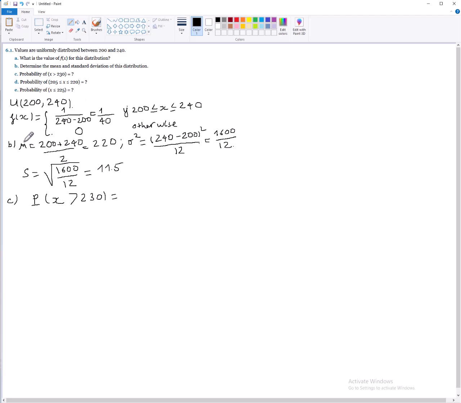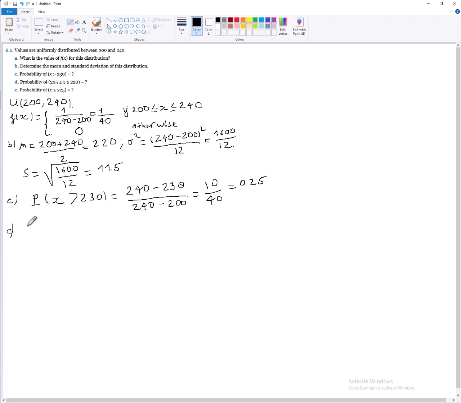So to find this probability, if you use a formula, you take the high limit, which is 240, minus the value that you're looking at, 230, and then that divided by b minus a, which is 240 minus 200. So this is 10 divided by 40, or 0.25. So this probability is around 25%.